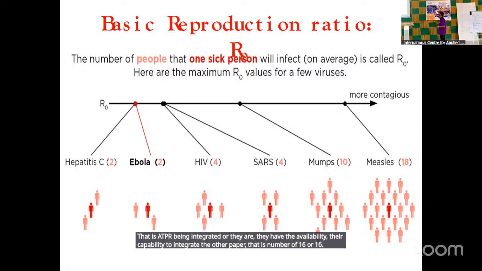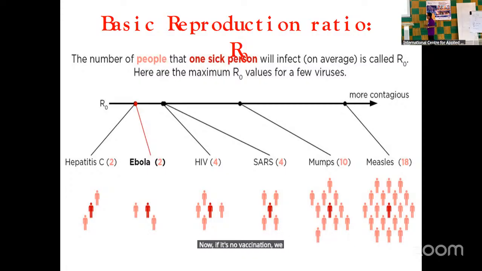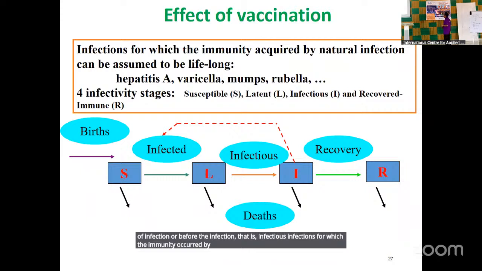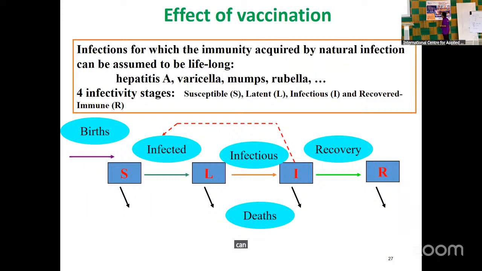Now, effect of vaccination. We try to give the vaccination during the process of infection or before the infection. That is for infections for which the immunity acquired by natural infection can be assumed to be lifelong: hepatitis A, varicella, mumps, rubella. And the infected stages are susceptible, latent, infectious, and recovered immune, that is R. Just you have to follow here.